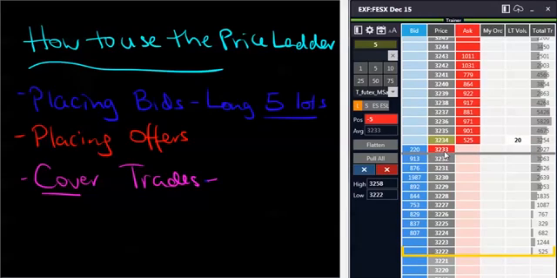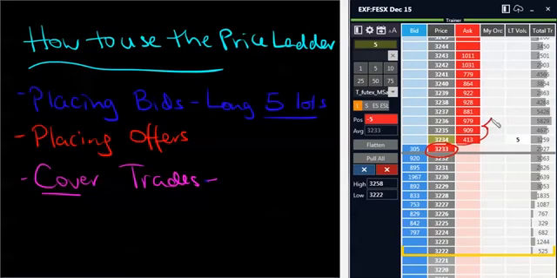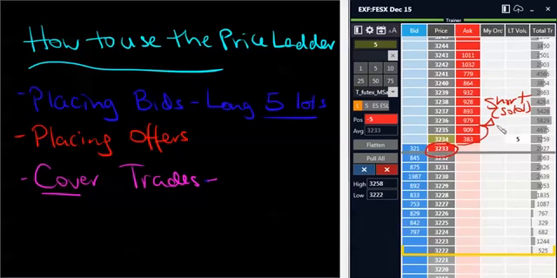I've just sold 5 contracts, and now that red box is turned red, as you can see here. It's indicating to me that I'm now short, or that I've sold 32.33.